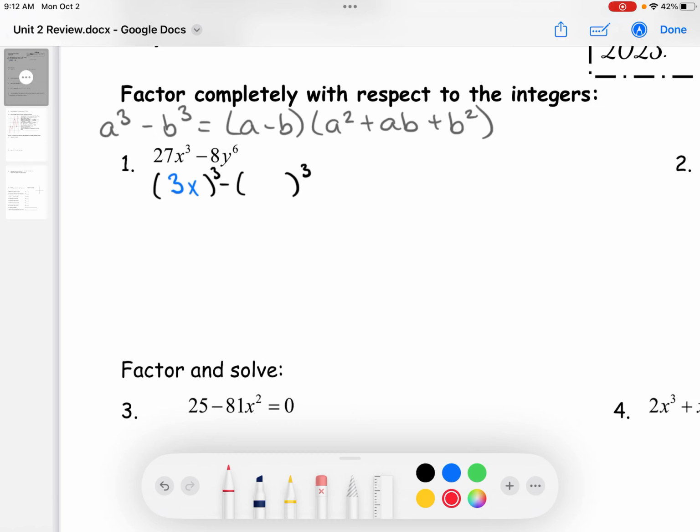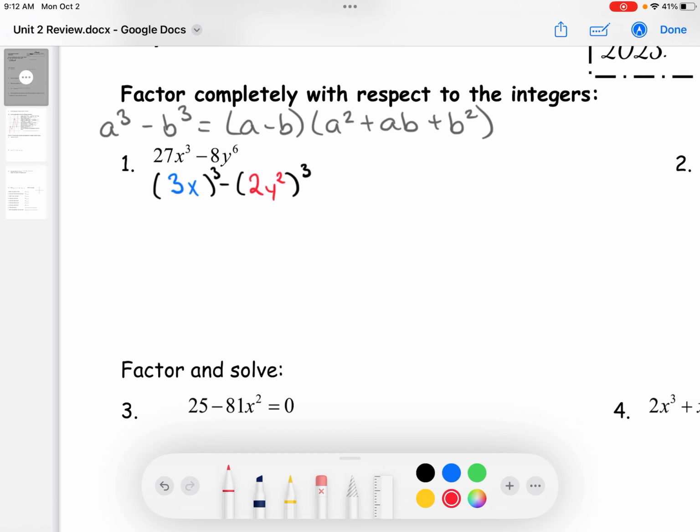Then on the other term, 8 is 2 to the third power. And to get y to the power of 6, we would need to take y squared and raise it to the third power. So the 3x is going in place of the a, and the 2y squared will be going in place of the b.